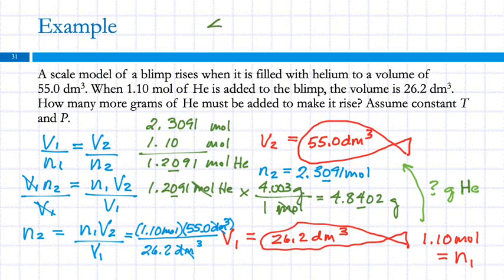And so my answer should be 4.84 grams of helium is how much I need to add. Any questions? This is kind of a tricky problem because it's not just looking at initial amount and final amount, it's looking at the difference. This is a very common tricky problem.